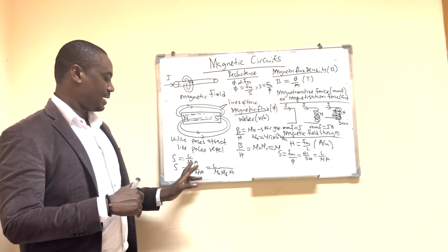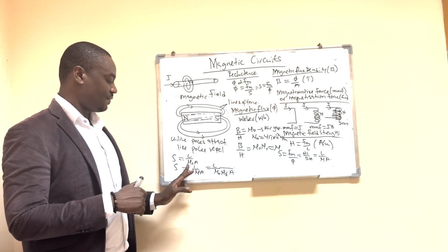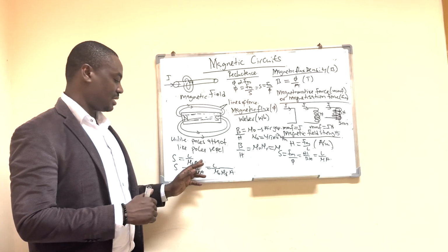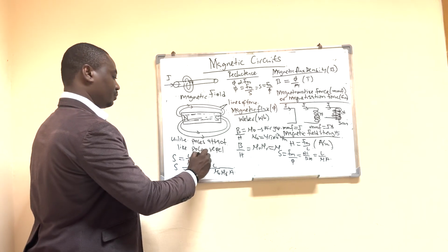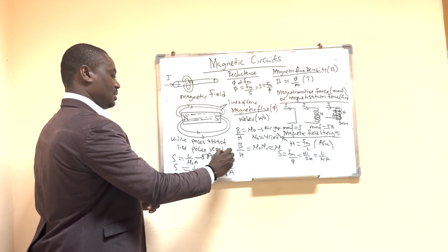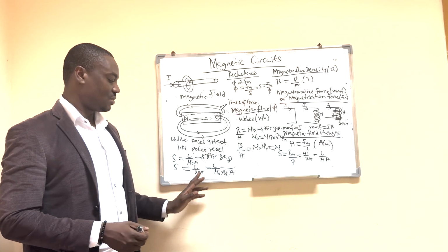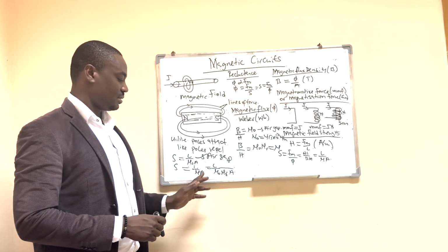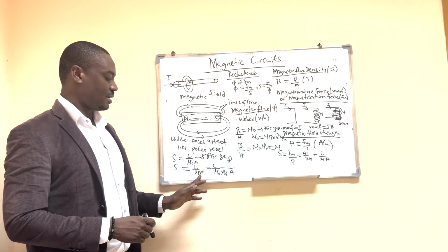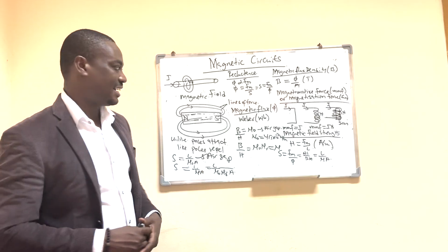Now I can get the length over the permeability of free space times area for an air gap. And when it comes to other media other than air, we take the length over the absolute permeability times area. That will give us the reluctance.